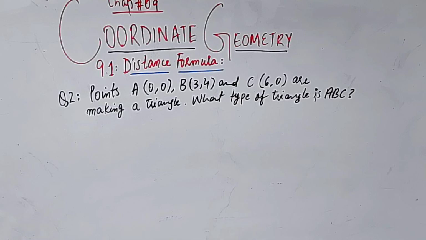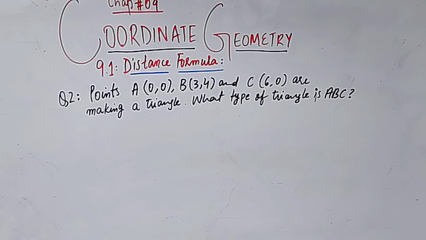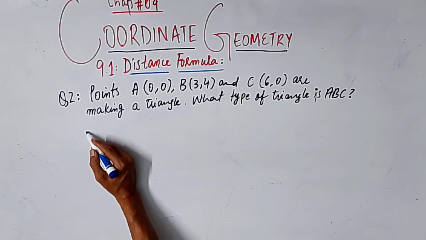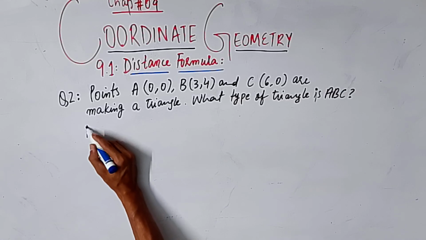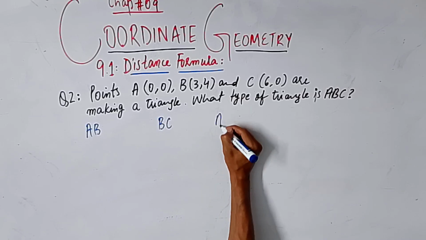First of all, you know that there are 3 points A, B, C. So it means that there are 3 sides as well. The distance formula is already given in the question, but still you need to remember it so that you can relate it with the question. So if there are 3 points A, B, C, you must have 3 sides: AB, BC, and AC.